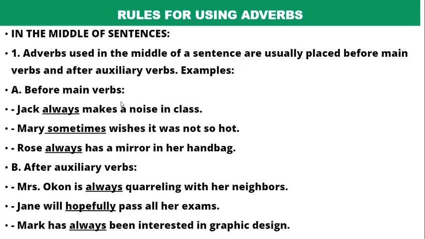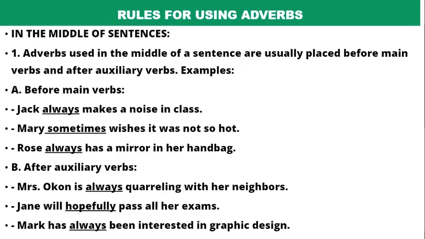Another example, Mark has always been interested in graphic design. You see, the auxiliary verb is has, and the adverb is always, coming after the auxiliary verb has and before the main verb, being interested. Okay.